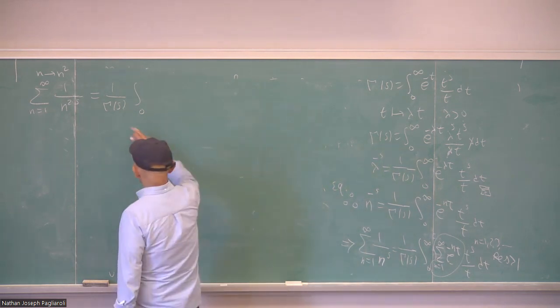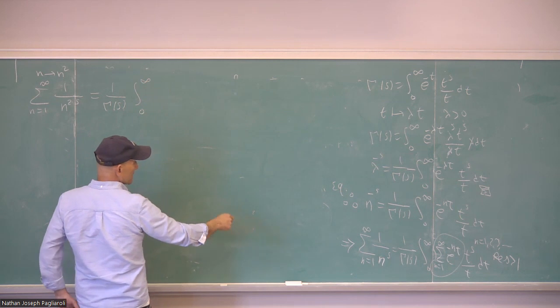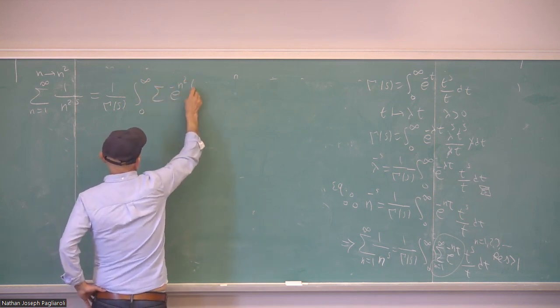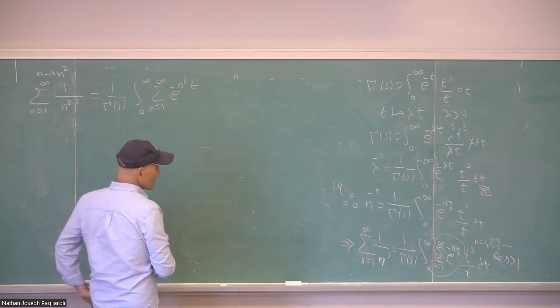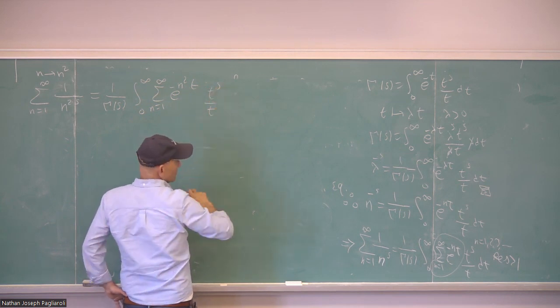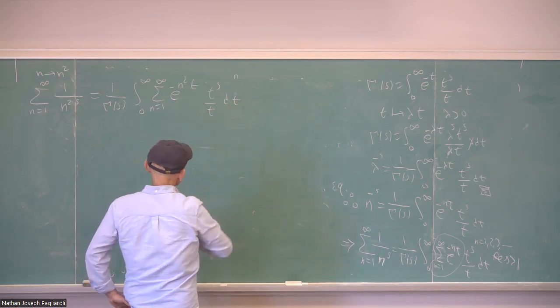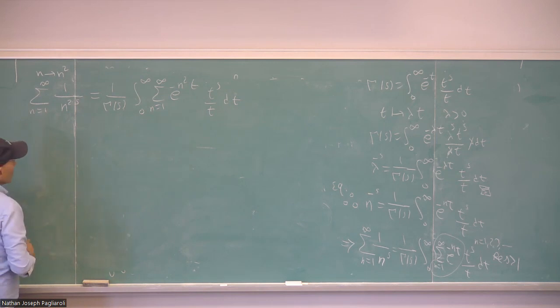So now 1 over gamma of s, integral 0 to infinity, and now I get the sum of e to the minus n squared t, n from 1 to infinity, t to the s over t dt. So then I will change s to s over 2.